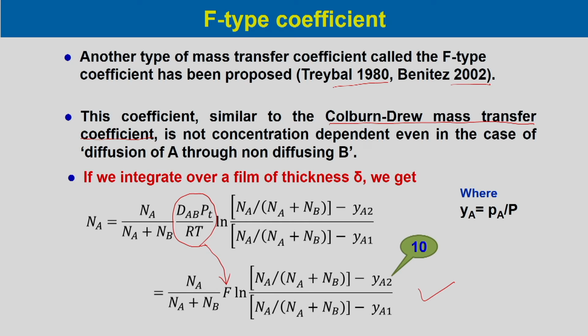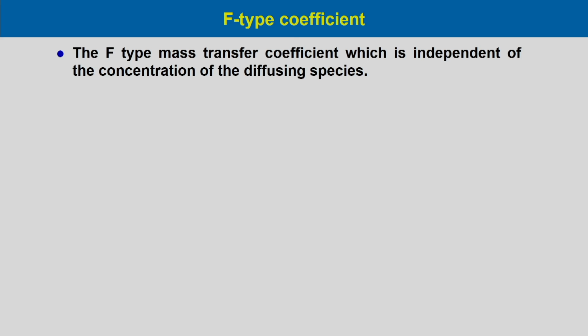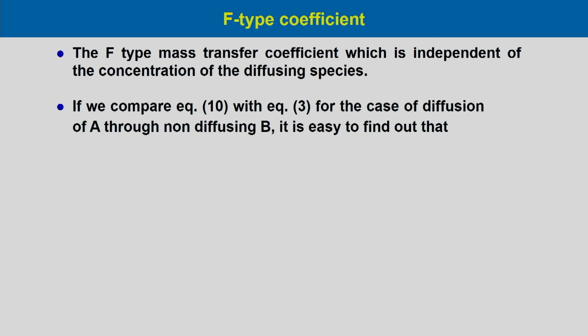Ya is the mole fraction, it is Pa by Pt. So, partial pressure of component A divided by the total pressure, and dAb Pt by Rt is F, the F type mass transfer coefficient, which is independent of the concentration of the diffusing species.